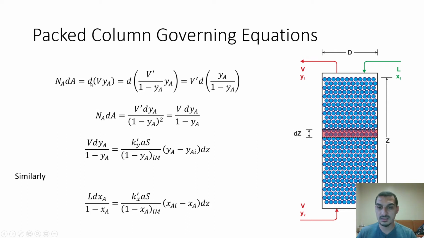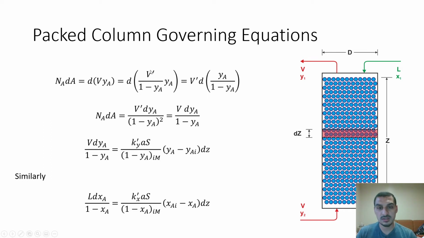We say that's d(V y_A), and we have two parameters that are not constant, so we can make it easier for us to differentiate them by making one of them constant, which is the V. So I can substitute V by the solute-free basis, which is V dash divided by 1 minus y. So this is equal to this V, and this is multiplied by y_A.